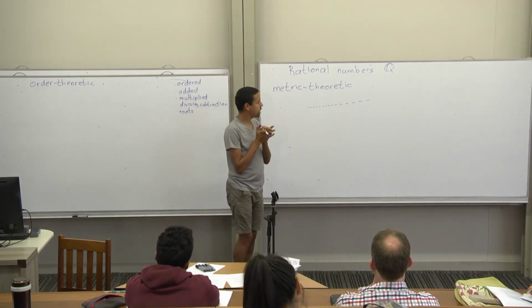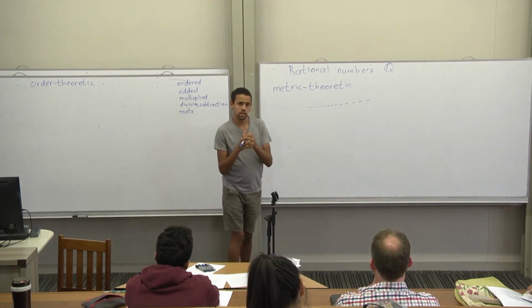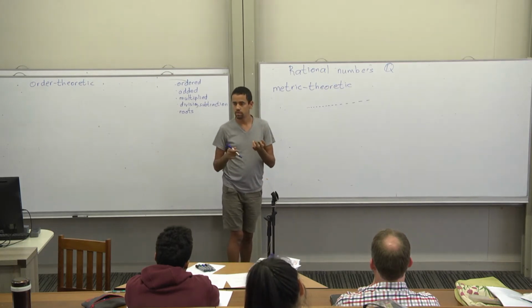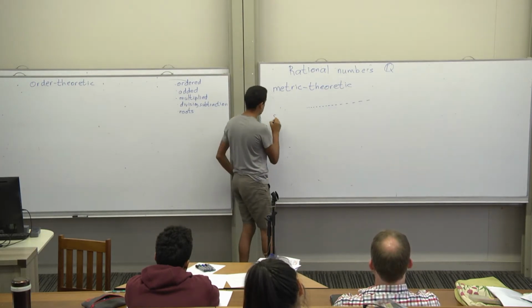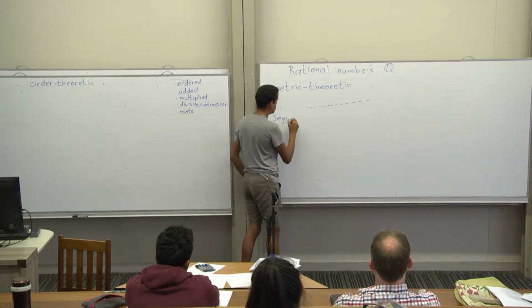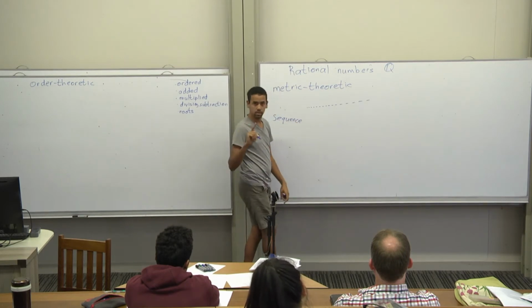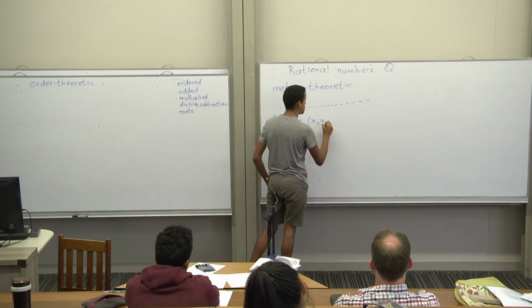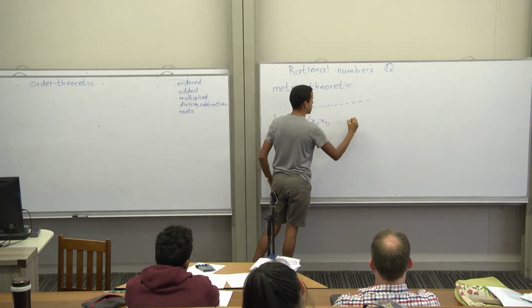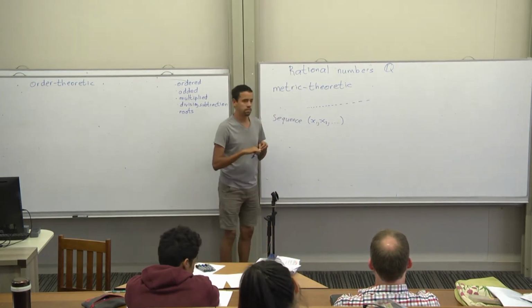So what we can use is a sequence of rational numbers. Let's consider an infinite sequence, not just a finite one. Let's say x1, x2, going on for infinity.